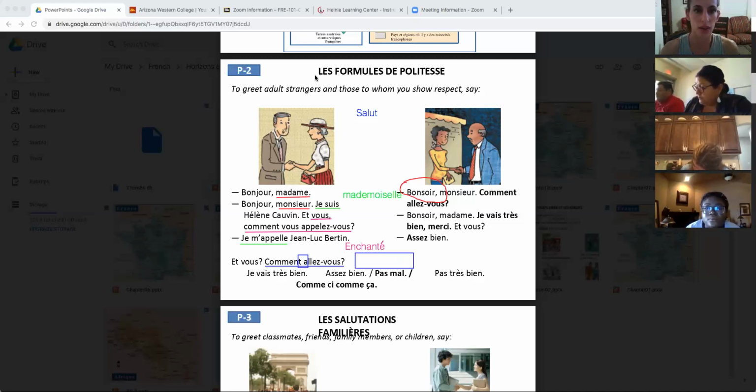Let me get a text. One of the ways is by saying "ça va," and that C has a little squiggly under it. I don't know if I can draw it, it's not going to let me.